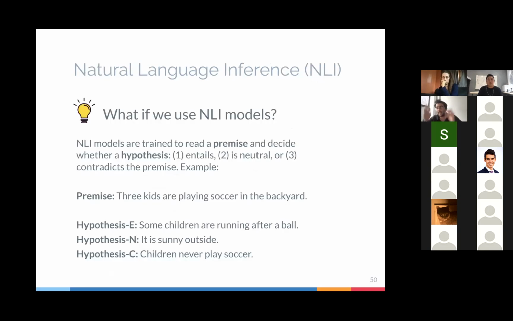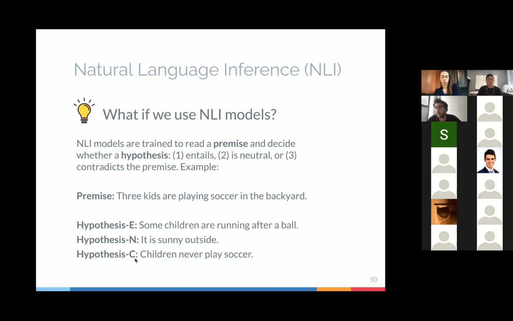So the basic idea, what if we use NLI models? Just a very quick intro to NLI: it's a three-way classification task. You're given a premise, here like 3 kids are playing soccer in the backyard. And then you have three labels, either entailment, which means yes, it's valid, these two things go together and they imply each other.